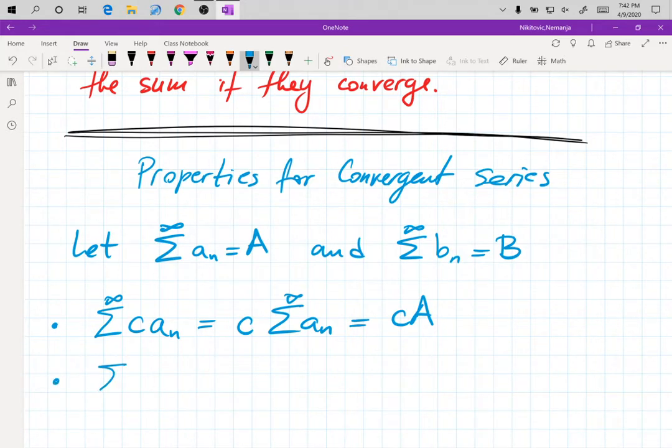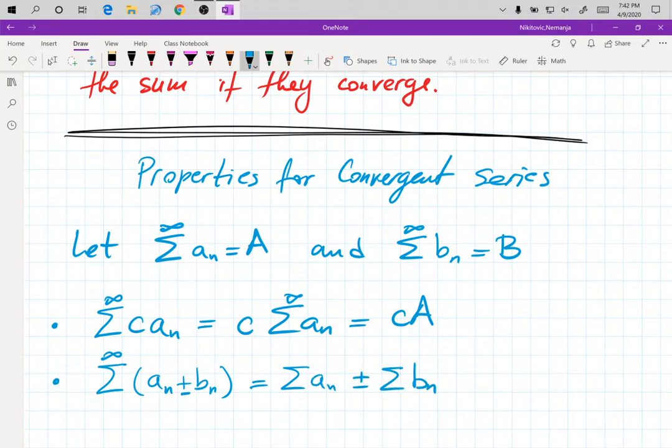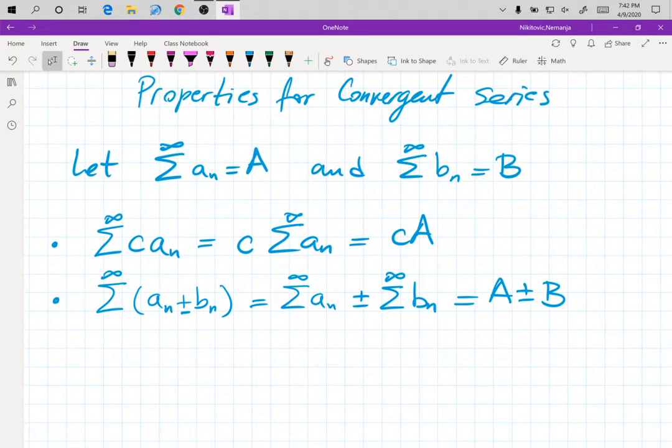Another one, if you have a sum or a difference of these, you can split it into two sums, and that's going to give you this one at the end. So this is a good old rule of linearity. It's everywhere.